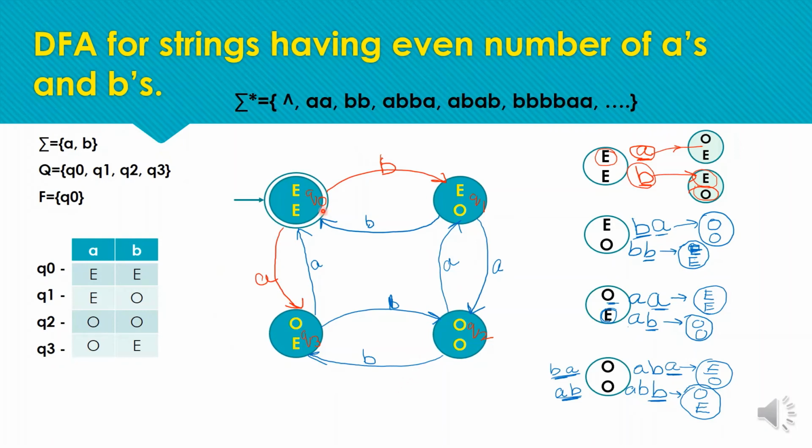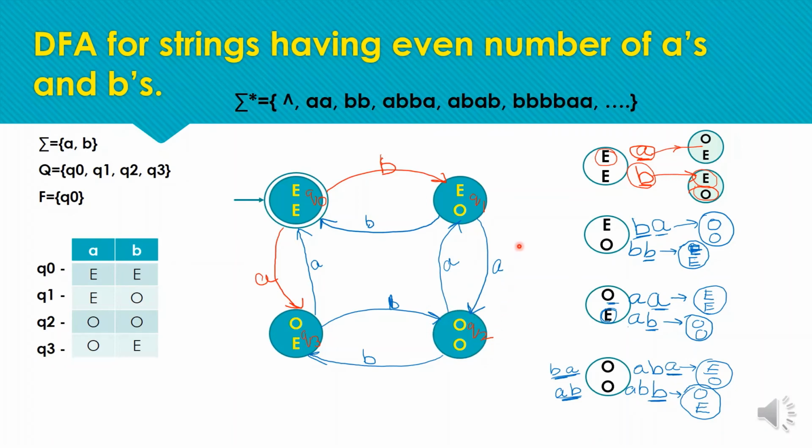The only difference is that now the initial state will no longer be the final state, meaning for acceptance we need at least one A and at least one B. So the solution will be the same, we draw the same transition diagram, but we mark this state as the final state. Rest everything will be the same.